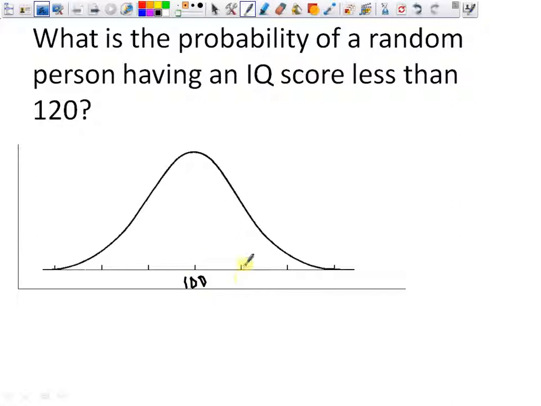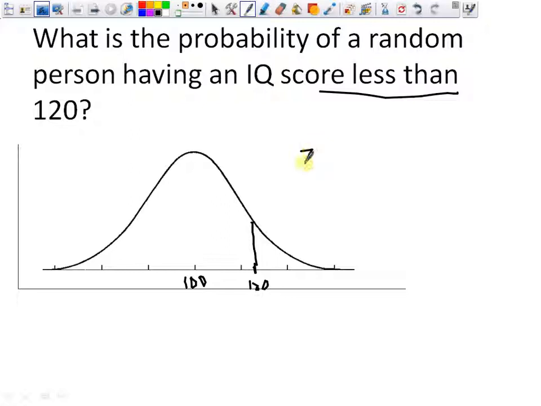We know this is 115, this is 130, so 120 lies around here. We're trying to get the probability of someone scoring less than 120, so we want the area to the left, this area over here. So we can't use the empirical rule this time.